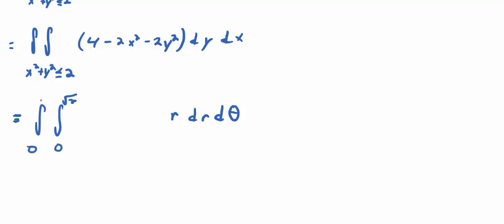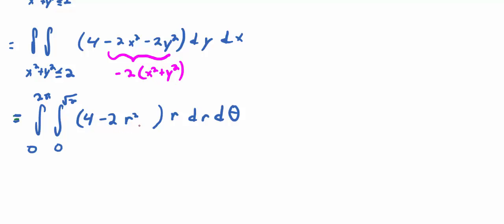And then theta from 0 to 2 pi. How can you rewrite this? 4 minus 2 times the entire quantity x squared plus y squared, right? Which is just r squared. So make sure you realize what I did there. The minus 2x squared minus 2y squared is minus 2 times the quantity x squared plus y squared, which is just r squared.